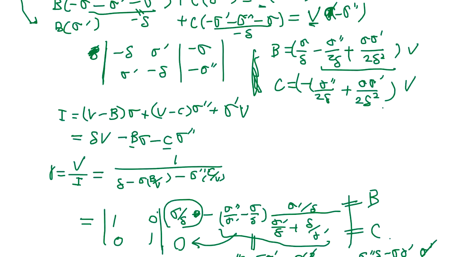So let's plug in. Delta is R1 plus R prime plus R squared, and the sigma is R, sigma prime is R prime, sigma double prime is R2.